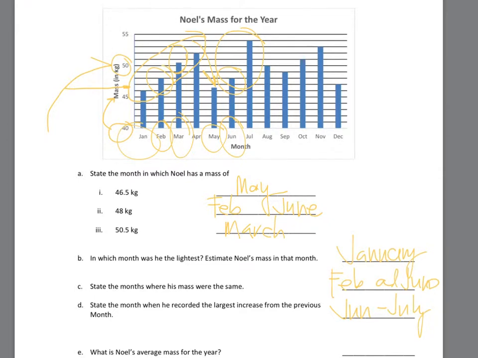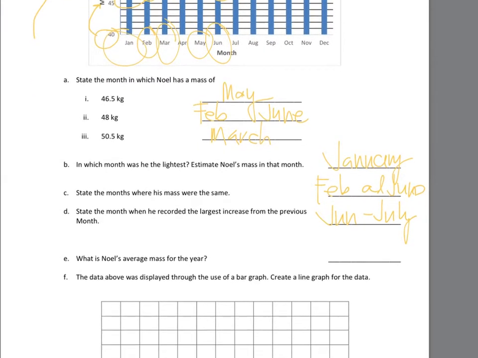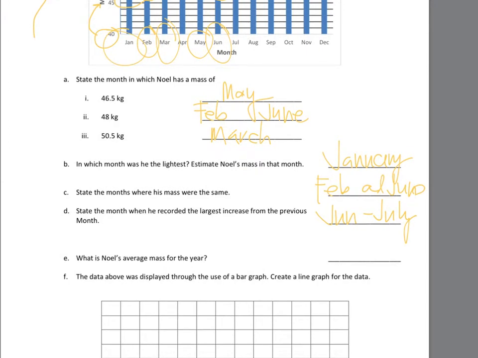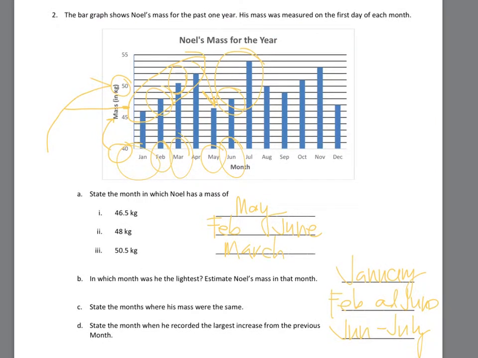And then for letter E, what is Noel's average mass for the year? Average is basically getting the sum of all the values, and then dividing it by how many values you have. You have 12 months here, so you have to add all the masses and divide by 12. I won't be showing the addition here.